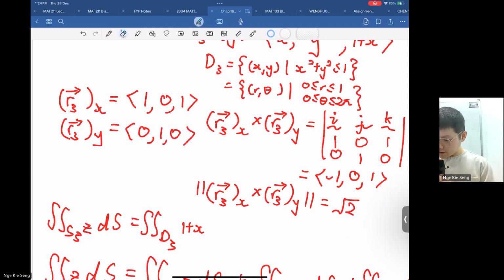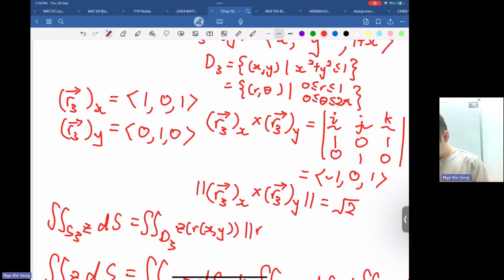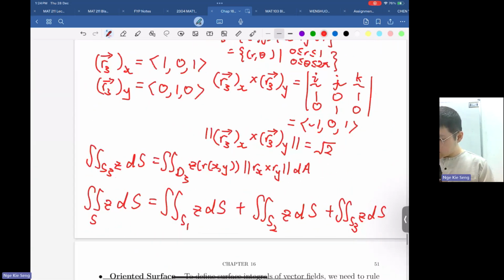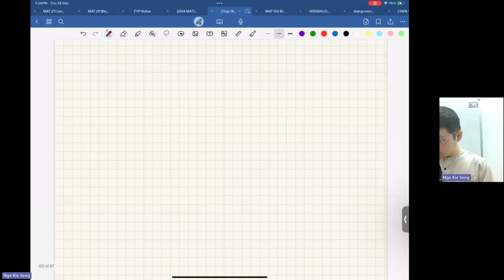Let me write out the general form first. z applied on r(x, y), and then we have the length of r_x cross r_y, and then dA like this. So this is the formula.